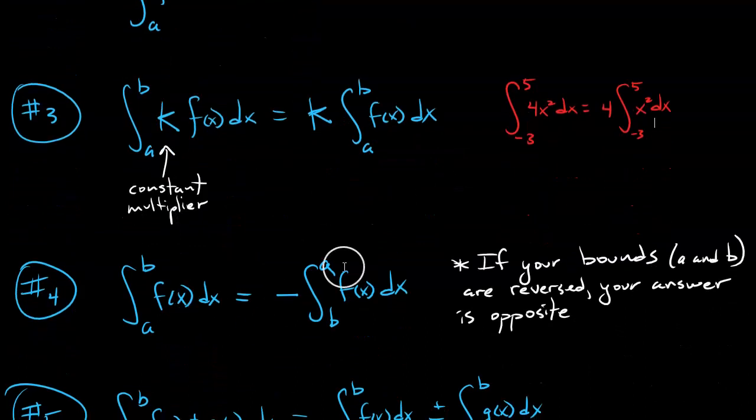Okay, now this one doesn't necessarily seem super useful at first, but we actually use it quite a bit in a roundabout way. And what it says, if you have the integral from a to b, it's the same thing as the opposite of the integral from b to a.